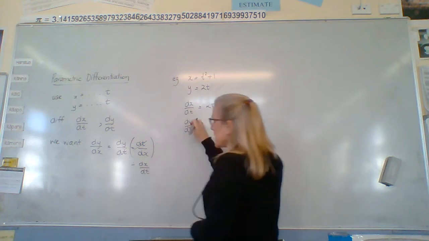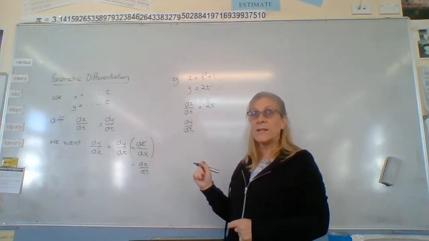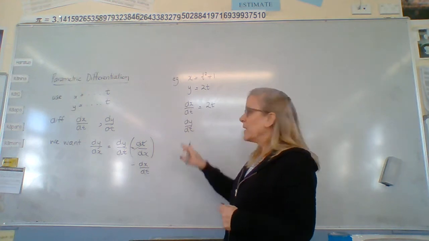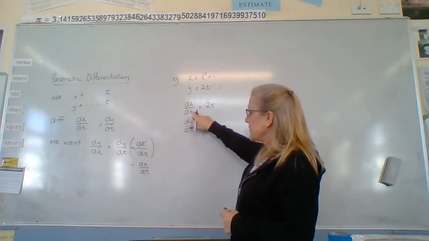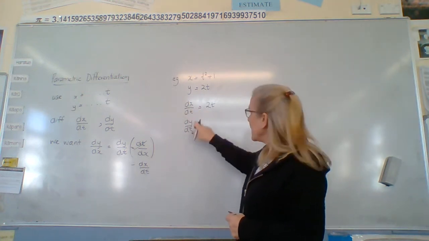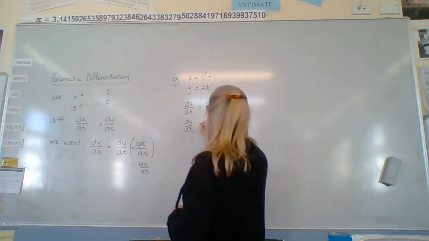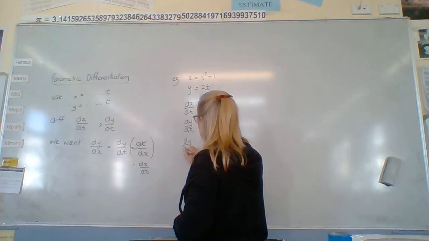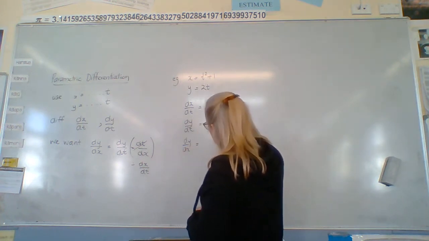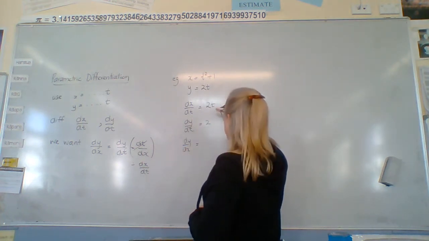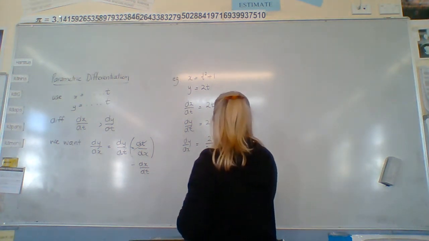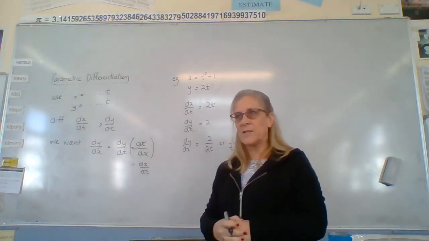And this is why this particular notation I've been saying is really good, because once we get into other variables, it tells us what we're doing. The x line differentiated by all the t's in it, and the y line differentiated by all the t's in it. So dy by dx equals this one, which is why I do it first, divided by that one. So 2 over 2t, or 1 over t. That's the gradient function.